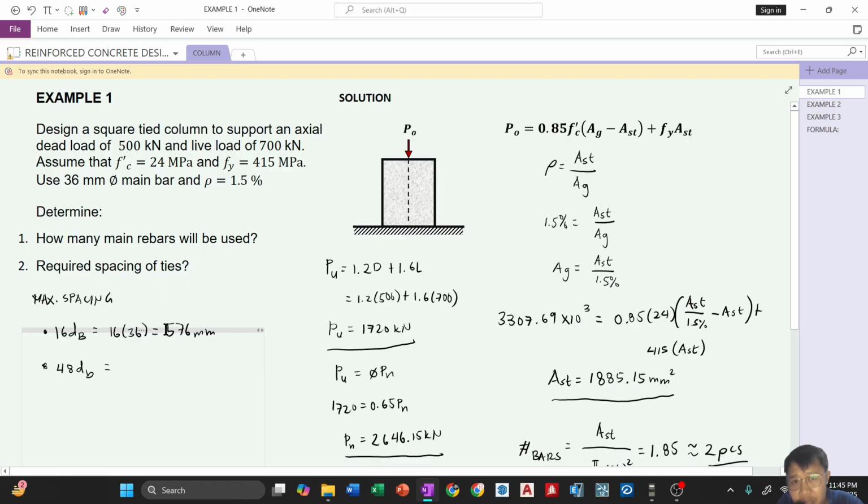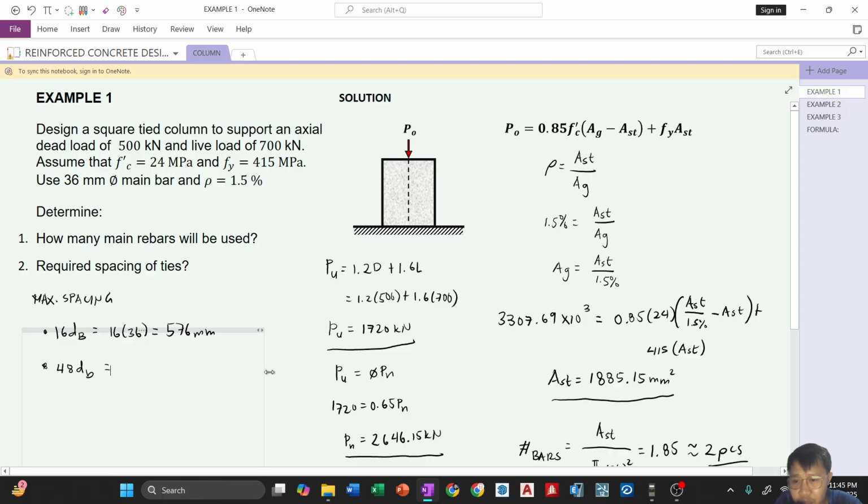Sinabi ng NSCP natin that for 32 mm and less, we use 10 mm ties or stirrup reinforcement. And then for 36 mm and greater, okay, we use 12 mm ties or stirrup reinforcement. Since 36 mm ang binigay dito, 12 mm ang dapat minimum natin na tie reinforcement.